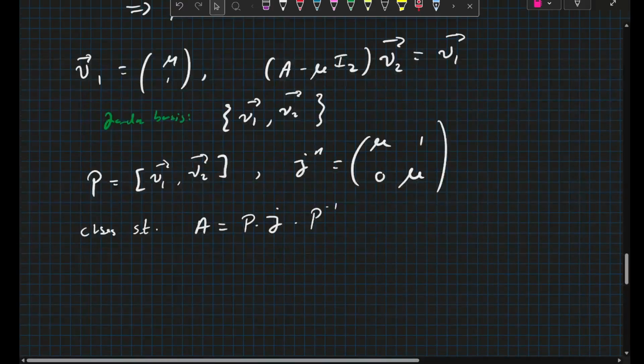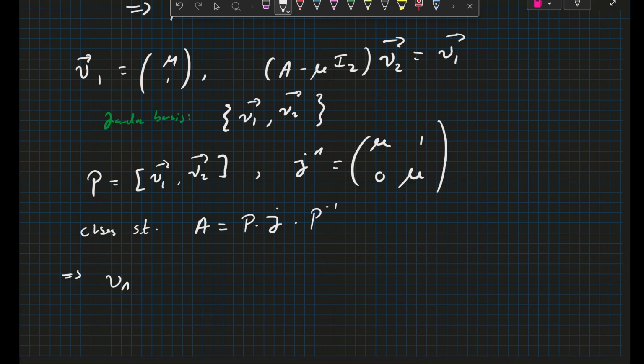So what we're going to get from a result that we saw before is, instead of diagonalization, this. Vn is still A to the n v0, but this time it's going to be P times J to the n times P inverse, all matrix multiplied, times our vector v0.